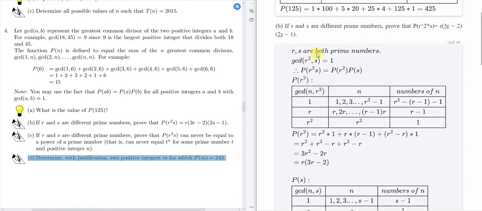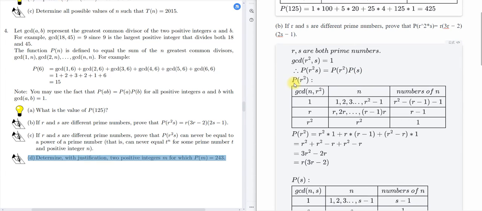Since R and S are both prime numbers, GCD(R squared, S) equals 1. So we can use the given fact that P(AB) equals P(A) times P(B), P(R squared S) equals P(R squared) times P(S).